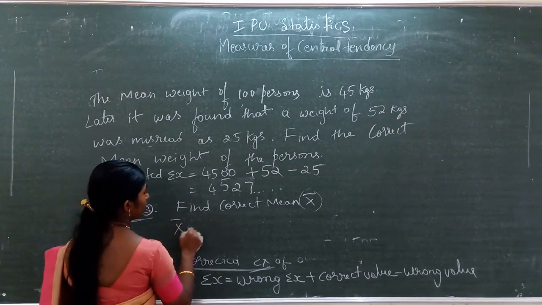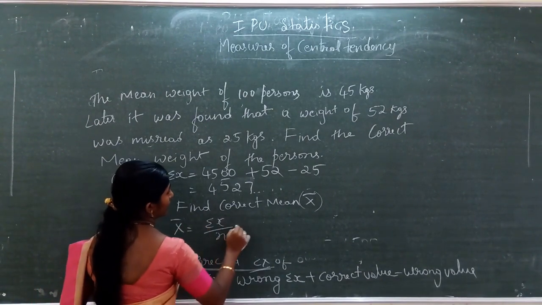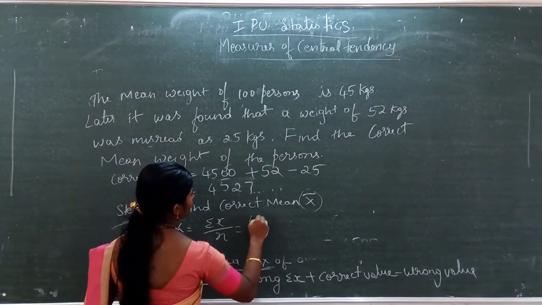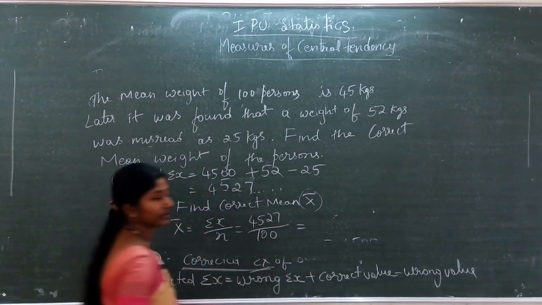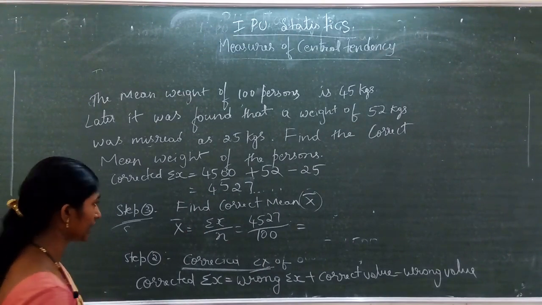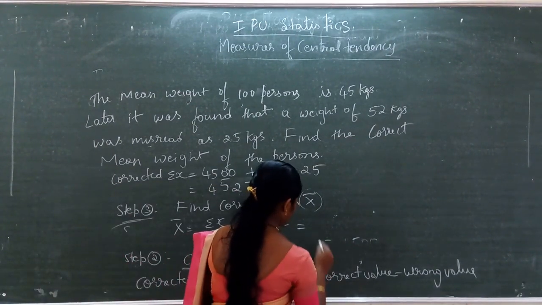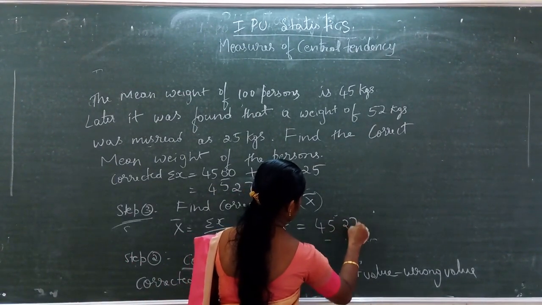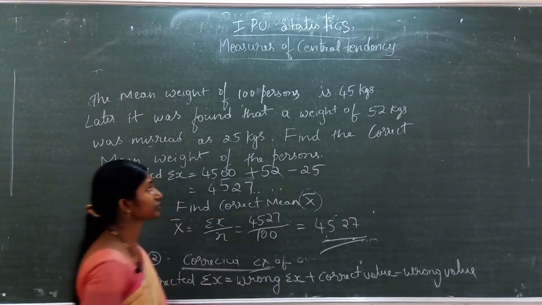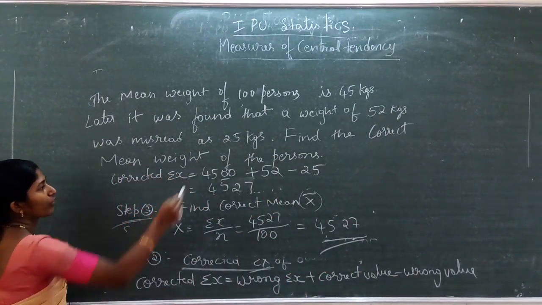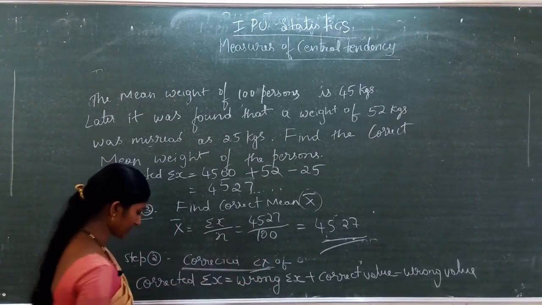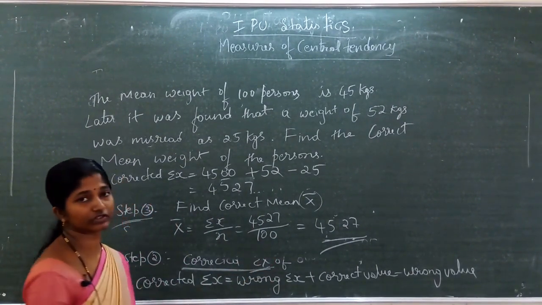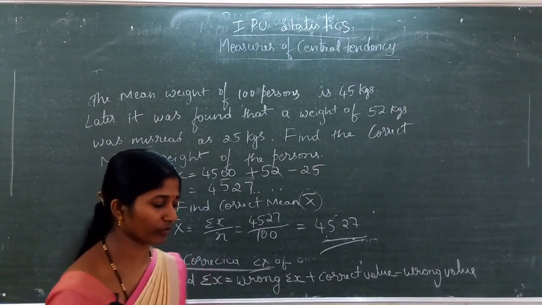Now x bar equals sigma x divided by n: sigma x 4527 divided by n, which is given as 100. Now the answer is 45.27. This is the actual value. Therefore the correct mean weight is 45.27.